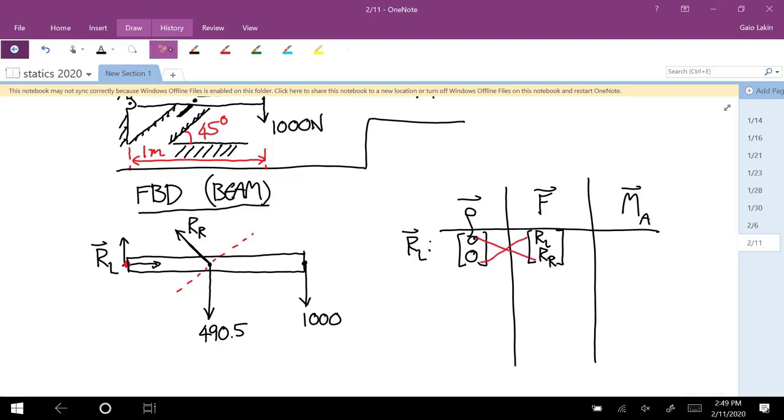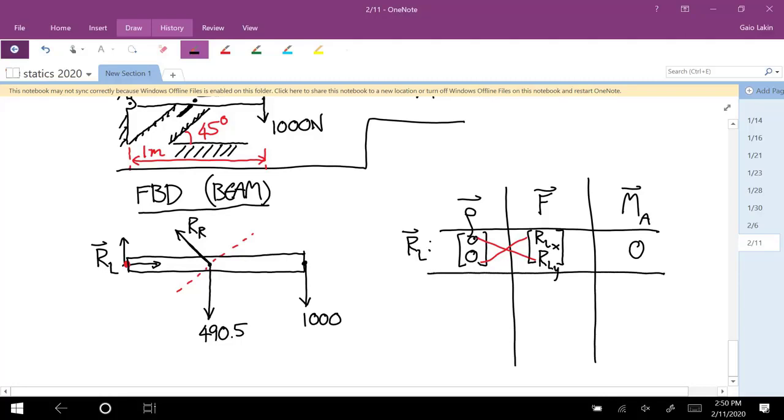So 0 times this minus 0 times this, so 0 moment. And remember, that's a z component, really, but I'm giving it like it's a scalar.